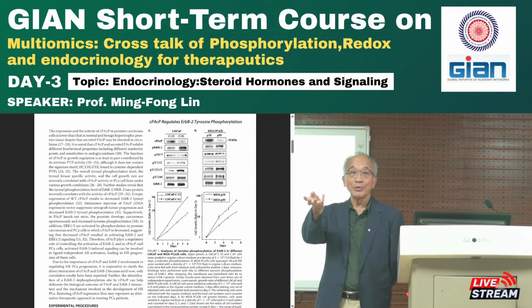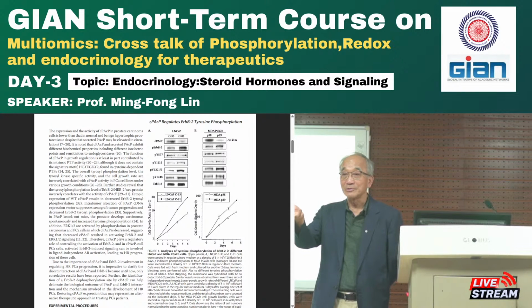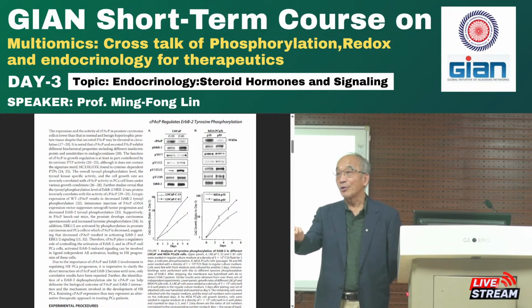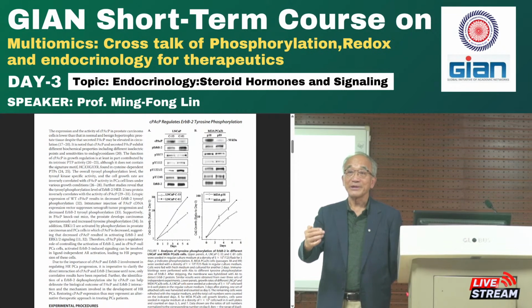When the ERB2 molecule goes up, with more molecules of ERB2, then Herceptin could recognize it and inhibit it. But in the prostate cancer cell, the protein level has no change. It's the phosphorylation going up. Therefore, Herceptin has no efficacy in prostate cancer therapy.